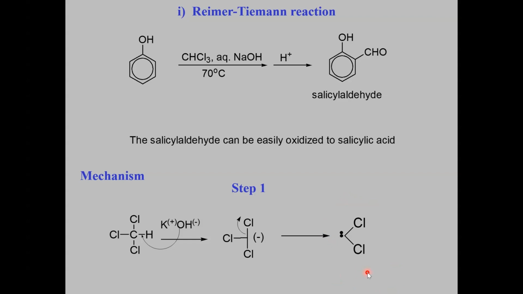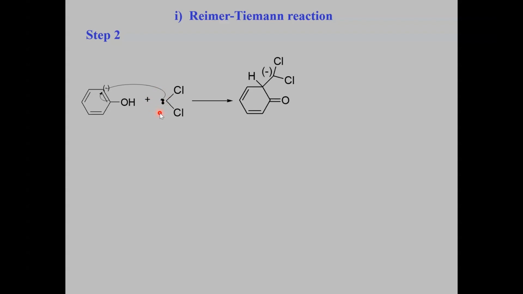Carbene immediately reacts with phenol. The OH in the phenol reacts with the dichlorocarbene. The pi electrons move onto the ortho position, giving rise to a carbanion. The carbanion donates its electrons to the carbene. It is neutral in nature. The electrons are donated to the carbene. Once it donates the electrons, it becomes electron rich.